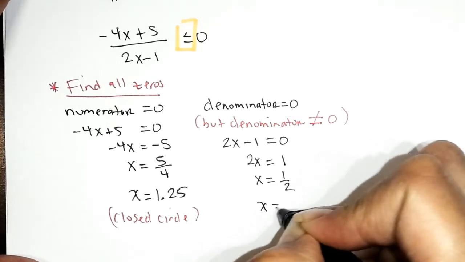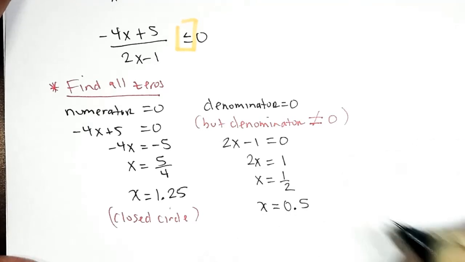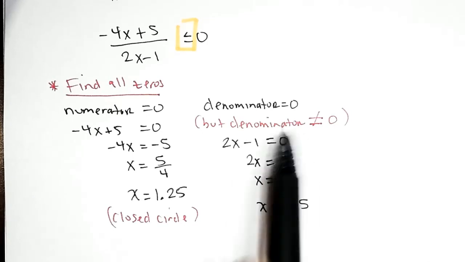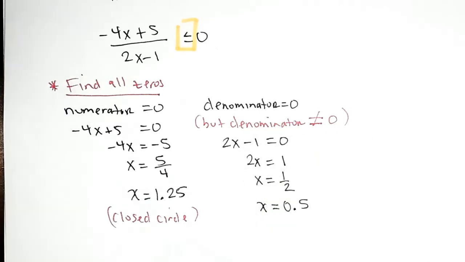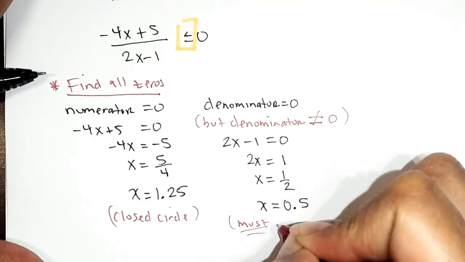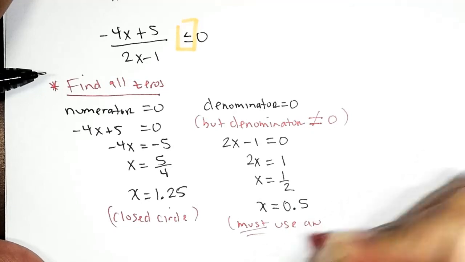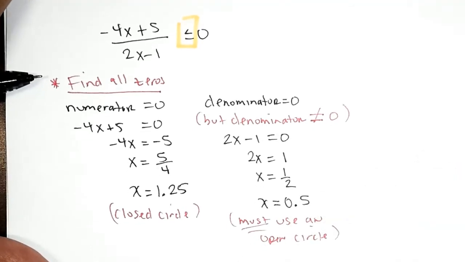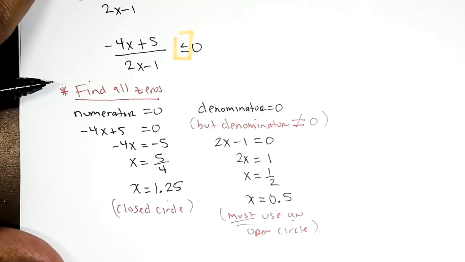But if you're like, no, I love the fraction, then keep it. Okay? So then I'm going to ask myself, is 0.5 part of the solution? And the answer is no. Okay, the denominator can never equal 0. So I'm going to say must use an open circle. Okay, why? Because the denominator can never equal 0.